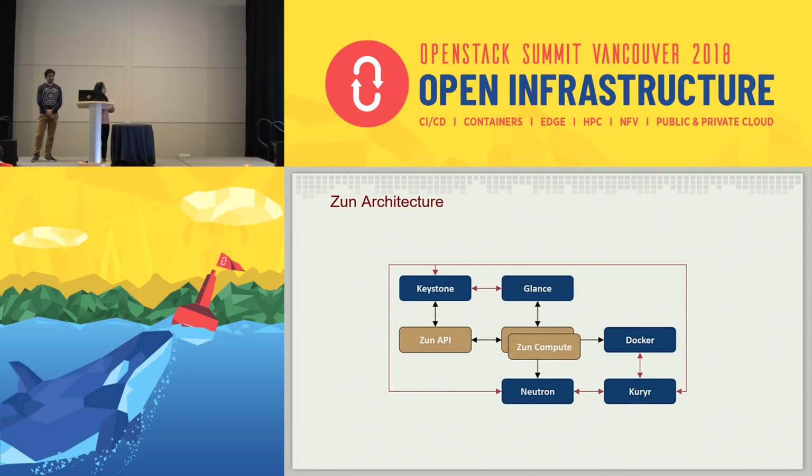If I take an example, say I want to create a runc container or a Clear Container with Zun, the request will go to the Zun API service, and then the Zun API selects a node which satisfies the resources for your container and forwards the request to Zun compute service. Zun compute will then talk to all these services for the necessary resources for images, for network, and finally submit the request to Docker for creating your container.